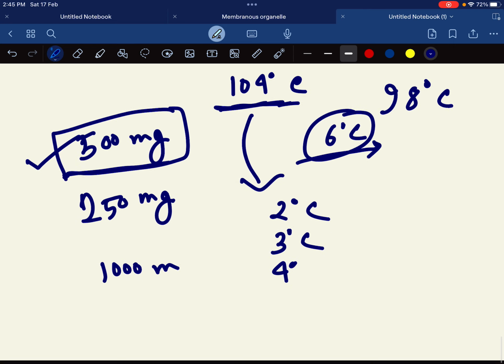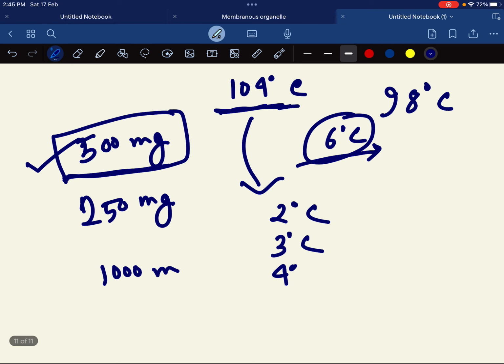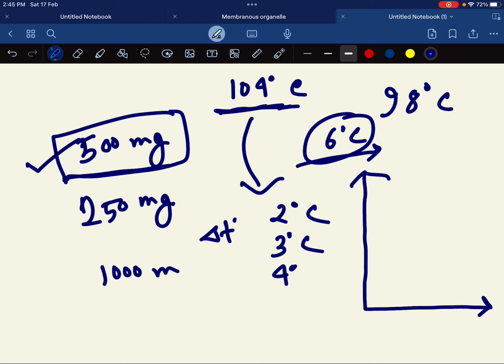So the effect is decrease in temperature. So let's say I am going to plot this effect versus dose. Here is our dose in milligram and here is our effect, that is reduction of temperature, delta T.